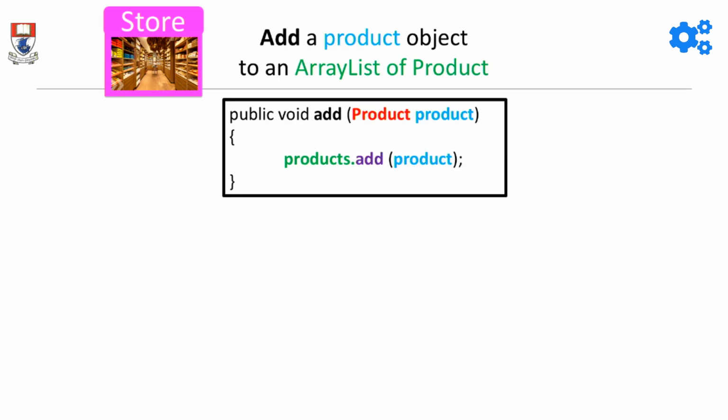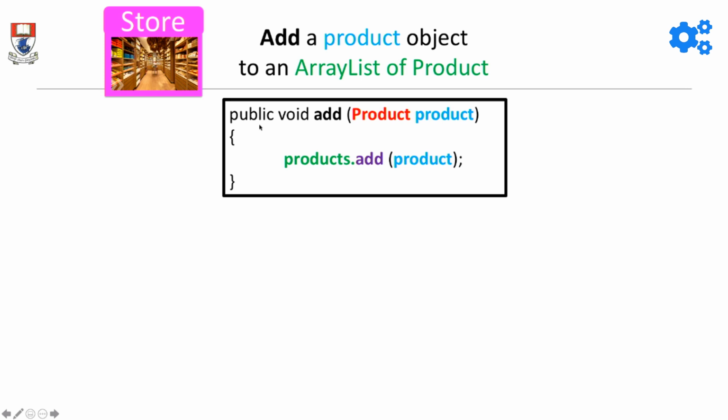I've used color coding here to try and simplify things, because it's very difficult to call out words when they're all the same or very similar, to know what we're actually referring to. So what we're doing here is we're going to add a product object, the product object variable, which is in blue, to an array list of product, which is in green.